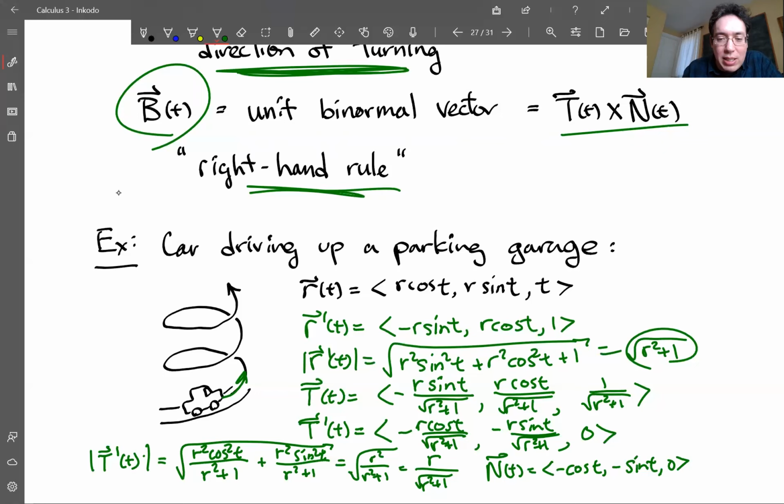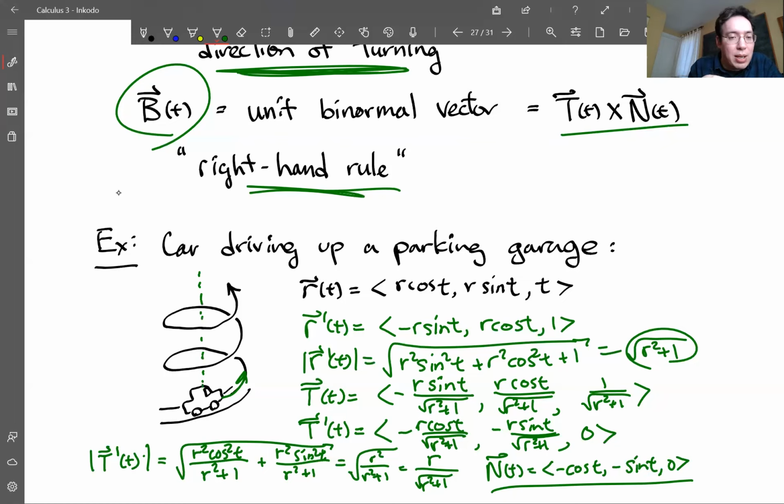Roughly speaking, the unit tangent was pointing in the direction of the headlights of the car, just going up and around in the forward direction as you climb the parking garage. The unit normal was the direction you were turning. So it was actually pointing more towards the middle, the center of the spiral.